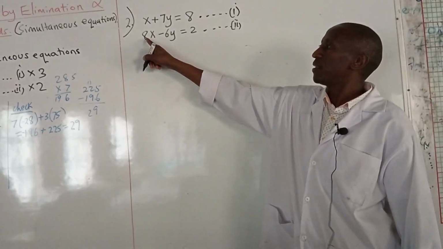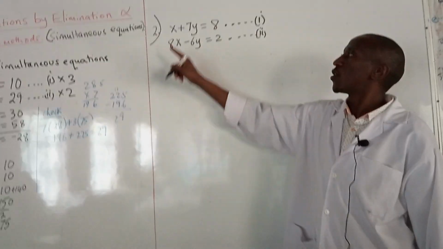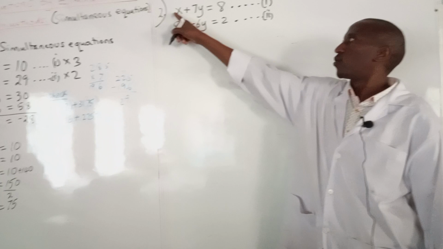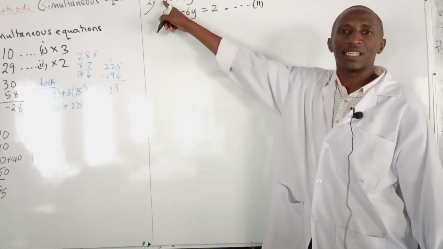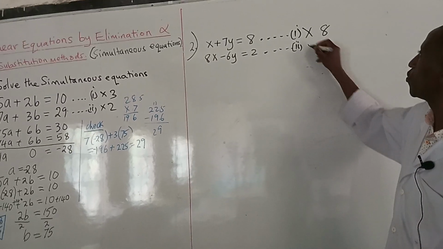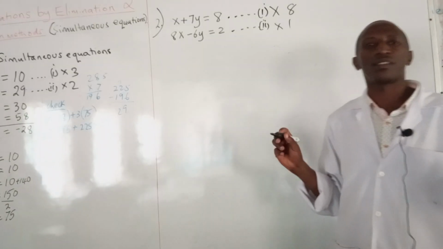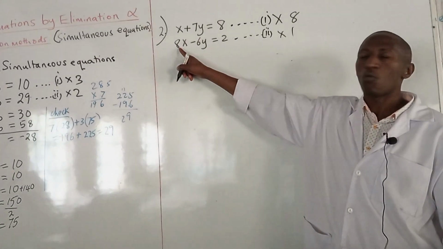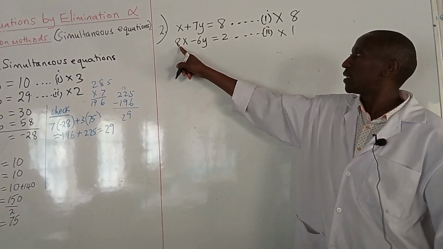So comparing the second equation and the first one, you find that this has a multiple of 8. So we can put a multiple of 8 here by multiplying the first equation by 8. Equation 2, we don't change anything, so we shall theoretically multiply by 1.